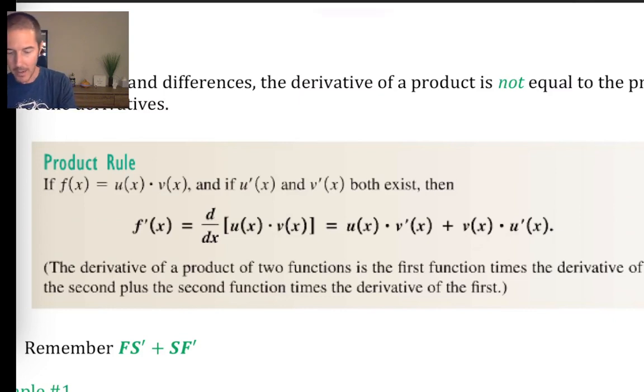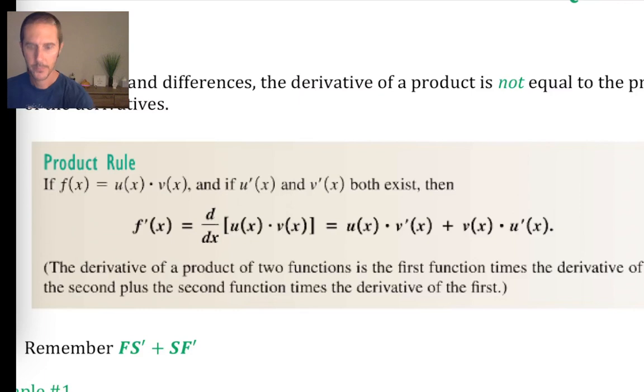I've got to get my pen out so that I can actually be writing while I'm talking. Here we go. It says that if we're taking the derivative of a product, that's equivalent to taking our first factor and multiplying it by the derivative of the second factor, and then adding the second factor times the derivative of the first.